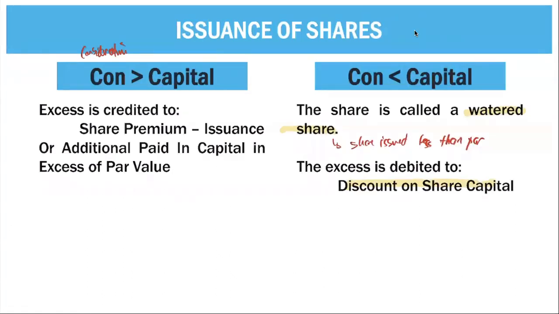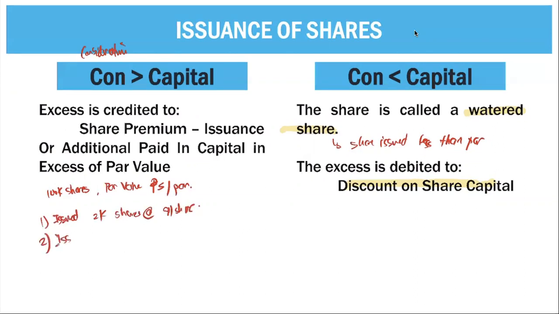Okay. So in our example, we have 100,000 shares authorized at par value of 5 pesos per par. That is the authorization. So, for example, issued 2,000 shares at 9 per share.